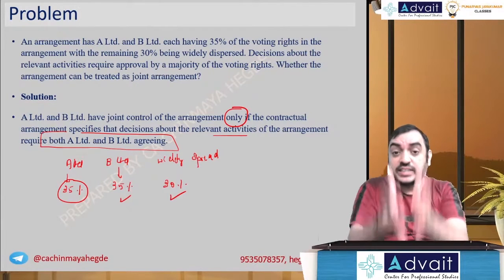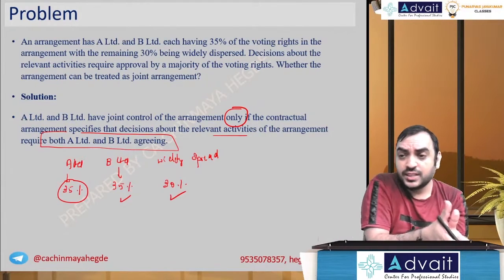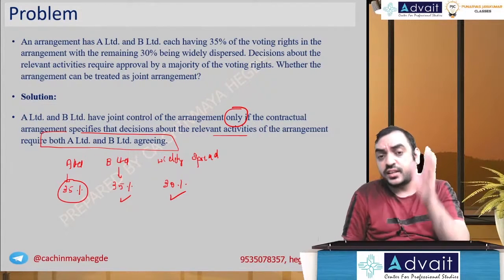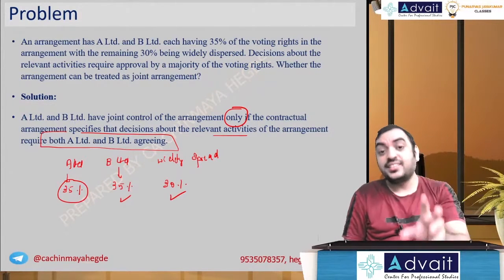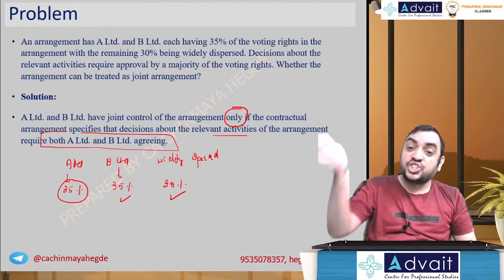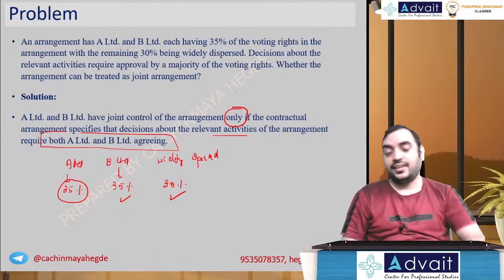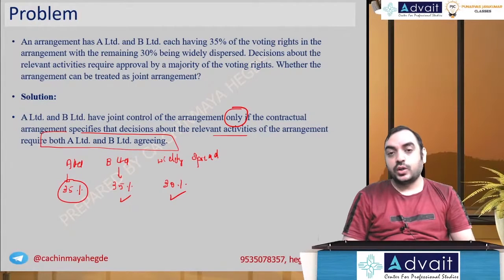Both are a must. There has to be agreement between themselves or some sort of indication that both of them should say yes to make a decision. If you have such contractual arrangements, then you say there is joint control.